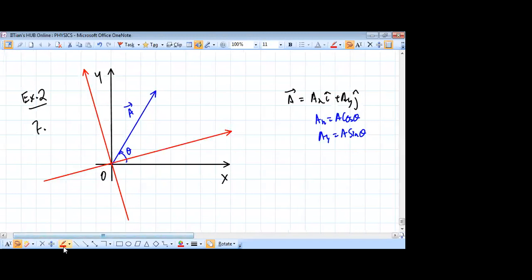Suppose this second coordinate frame is x prime and y prime, where this angle is some alpha.